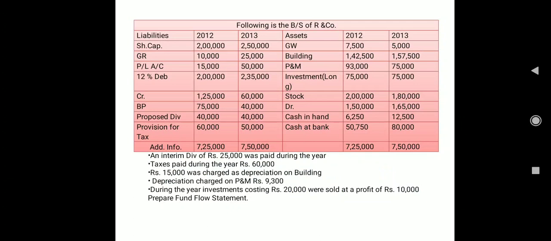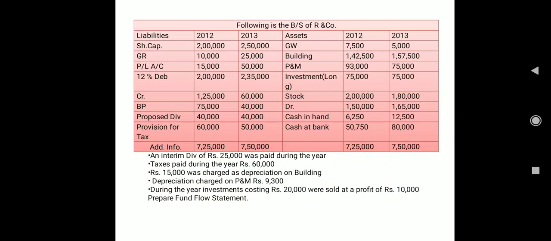Then coming towards the building, we have an opening value and a closing value, and if we check the additional information, some depreciation is also charged on the building. Last class, if you remember, I just went for plus minus and we tried to find out whether it is a purchase or a sale. Today we will work on this.